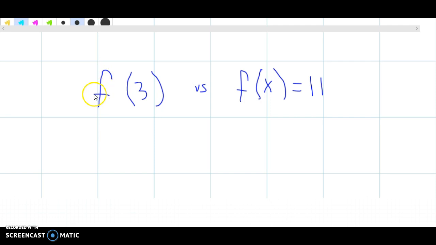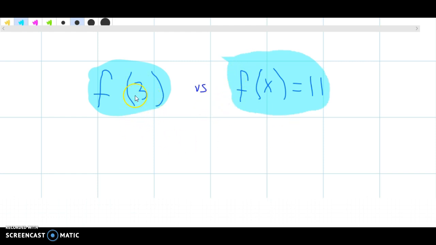I want to focus on a couple things here. You have to understand that the notation is really the key to understanding how to evaluate functions. But if you have f of 3, where 3 is inside the parentheses, how is that different from f of x, where x is in the parentheses and equal to a number, let's say 11? Maybe you could take notes on this, but let's try to understand this.